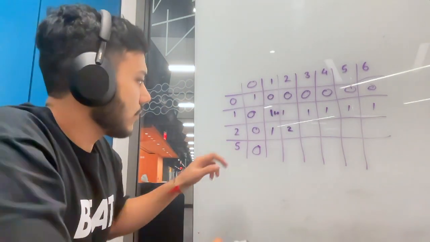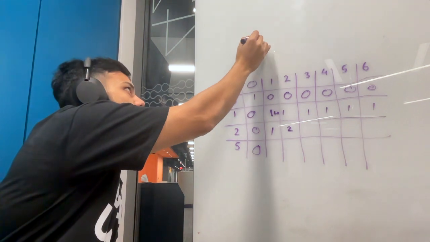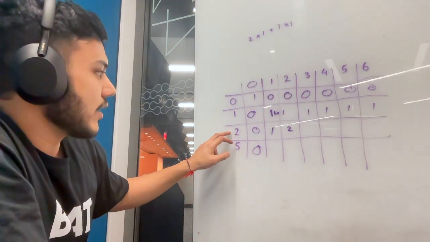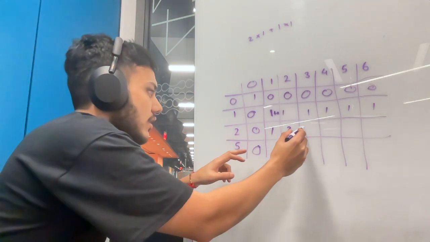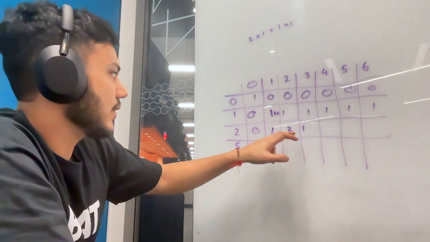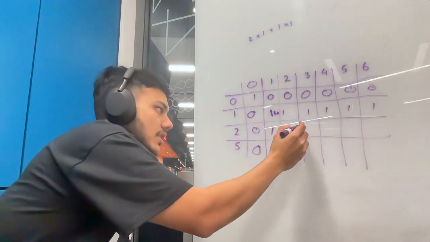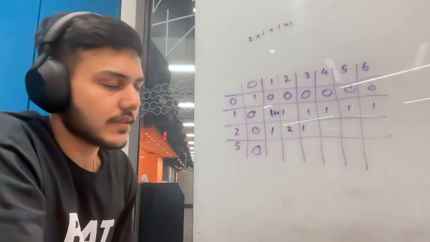Okay, so with 2, can you make 3? You can make 3, yes. 2 cross 1 plus 1 cross 1, right? So 2 cross 1, have we done this? Yeah, you take this coin once. And 1 cross 1, have we done this? Yes. So here you can make 3 in 2 possible ways, right?